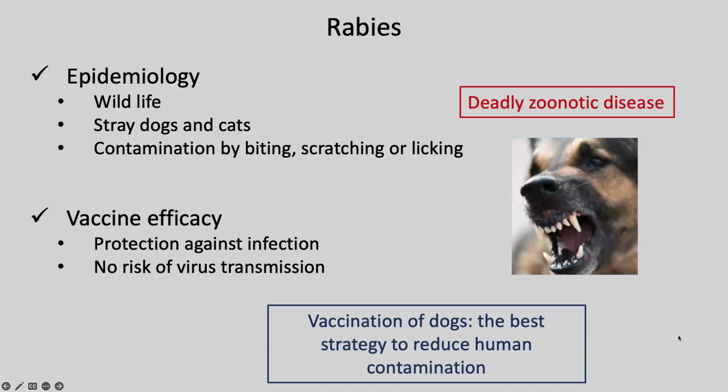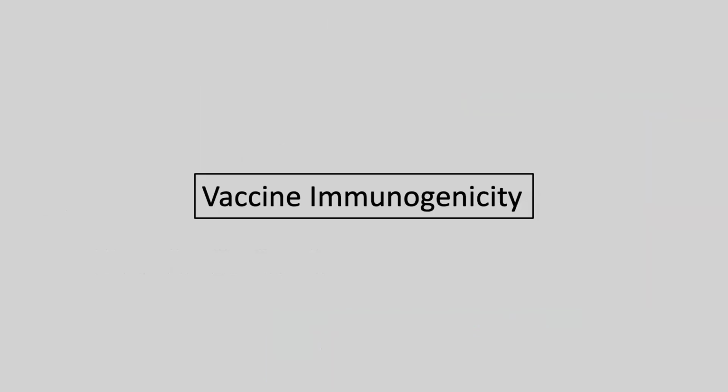So in this first part of the presentation, we have seen the diseases and the level of vaccine efficacy. Now it's important to understand what the different types of vaccine are that we can use and how they work, to best adapt the vaccine protocols.